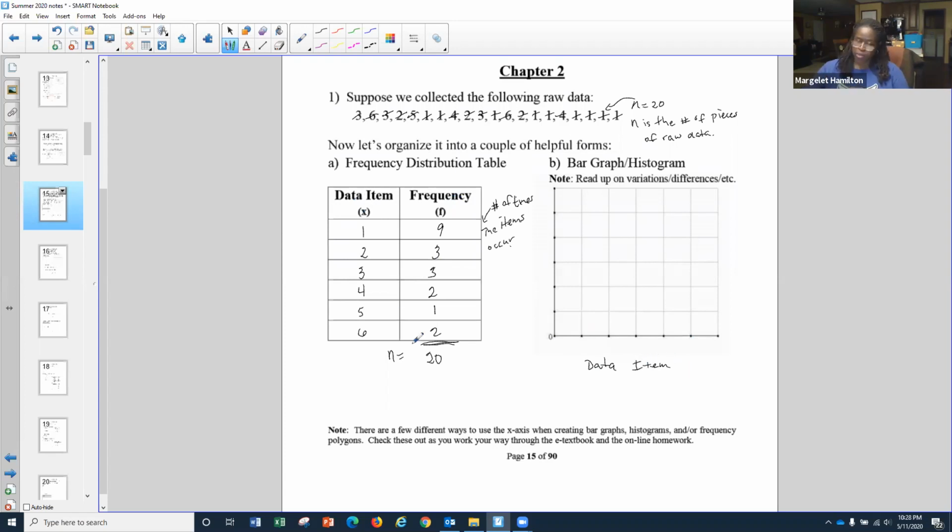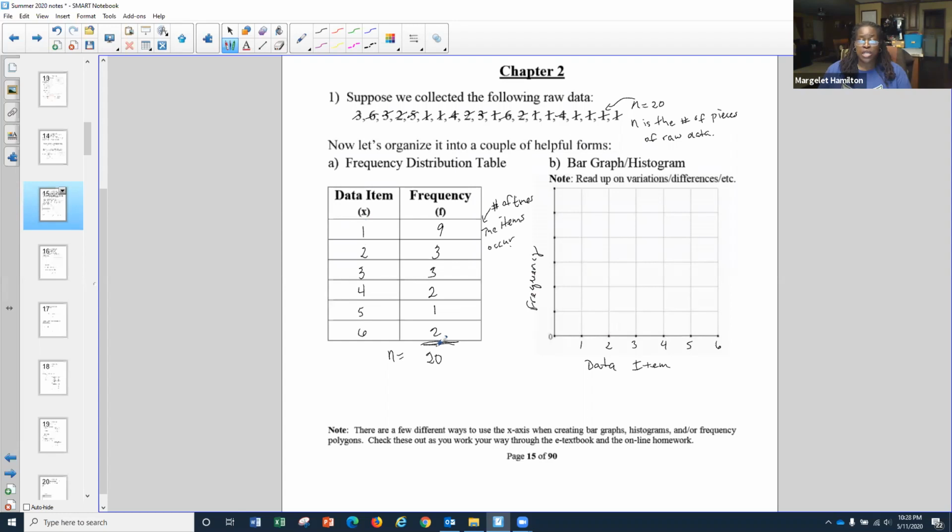Okay, so what we're going to do is label our graph. For the data items, we know we have 1 through 6. So here's 1, 2, 3, 4, 5, and 6.